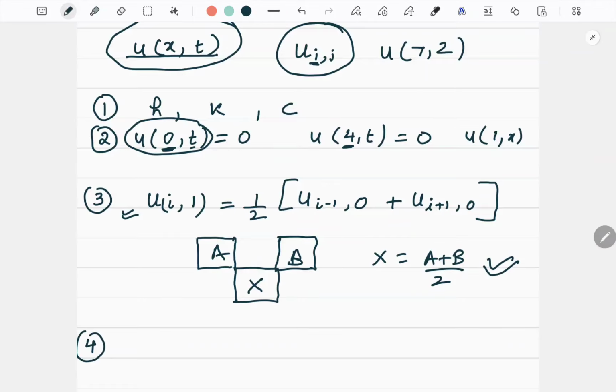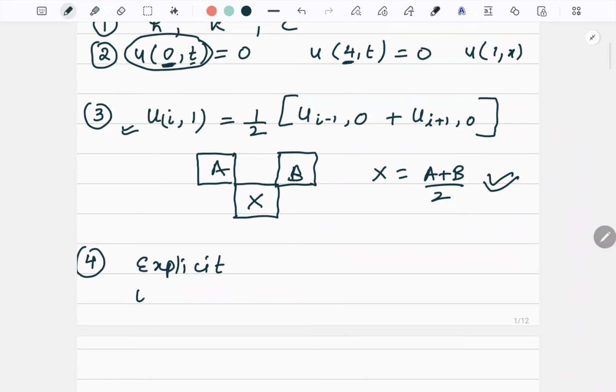Next is your formula, which is known as the explicit formula. Now the explicit formula is u(i, j+1) is equal to, I'll explain this in the box, so don't worry about it, u(i-1, j) plus u(i+1, j) minus u(i, j-1).